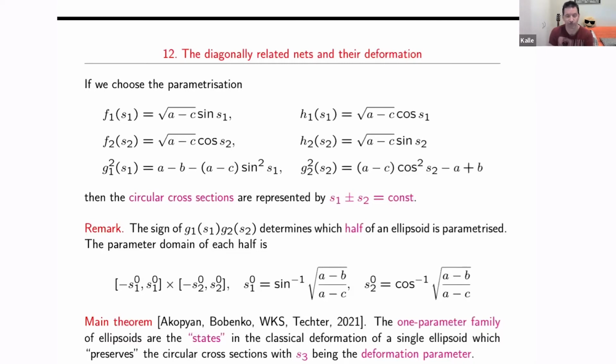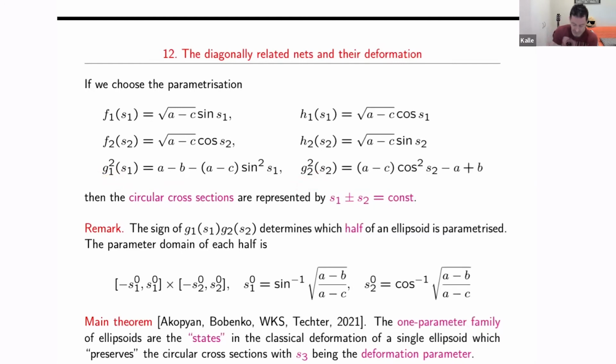And so basically there are two choices here because only the product of G1 and G2 appears in that formula for confocal quadrics. And in fact, those two choices correspond to the two halves of the ellipsoid that one is actually parameterizing here. So the signs give you the two halves, because each choice of the signs gives you only half an ellipsoid, and then you just glue them together.